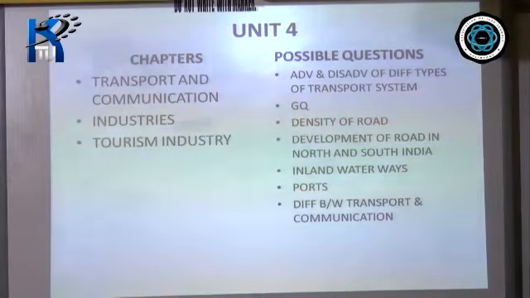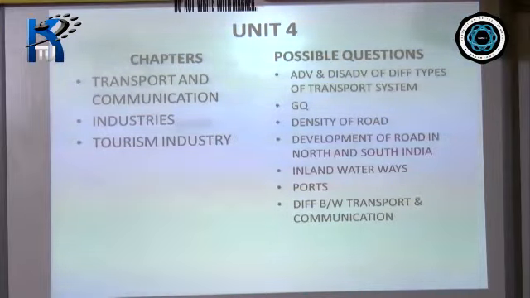For example, it's a flat, level land, which helps the construction of railway lines. Besides this, agriculture has been flourishing there, and because of agriculture, industrialization is taking place. That has also helped railways to develop. So at least 2 to 3 such factors are very, very important.